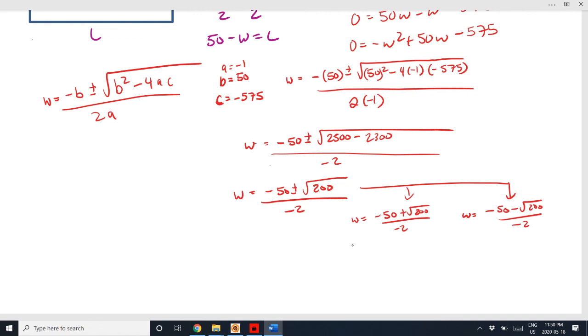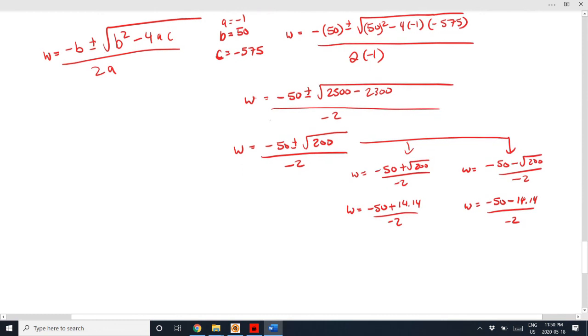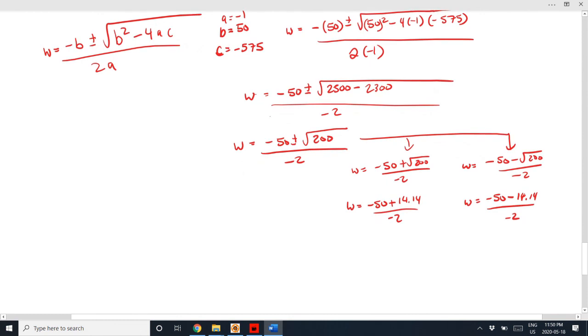So we're going to get w is equal to negative 50 plus 14.14 divided by negative 2. And we'll have w is equal to negative 50 minus 14.14 divided by negative 2. And we're almost done here. So we have negative 50 plus 14.14. Let's do that one first.